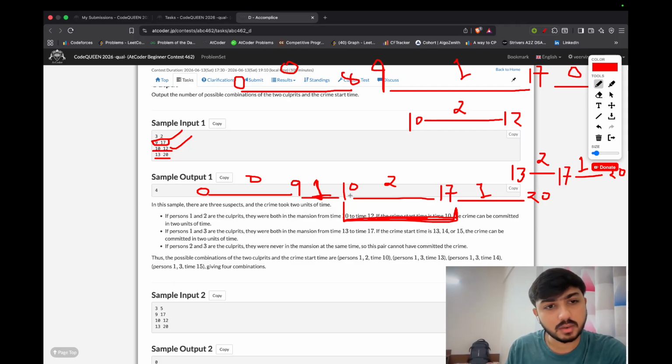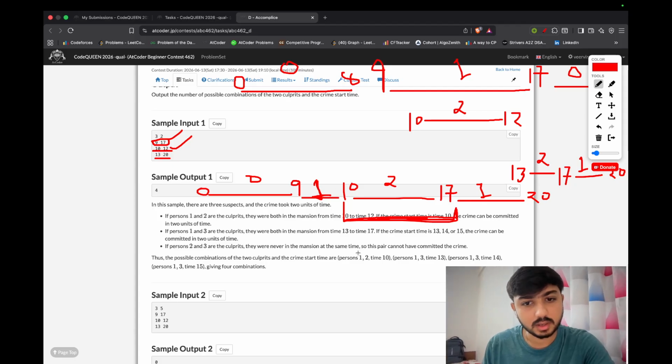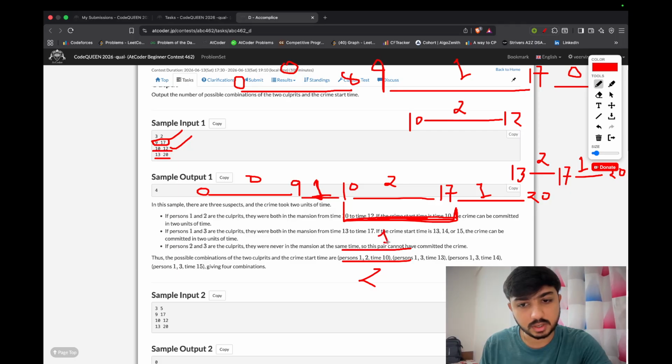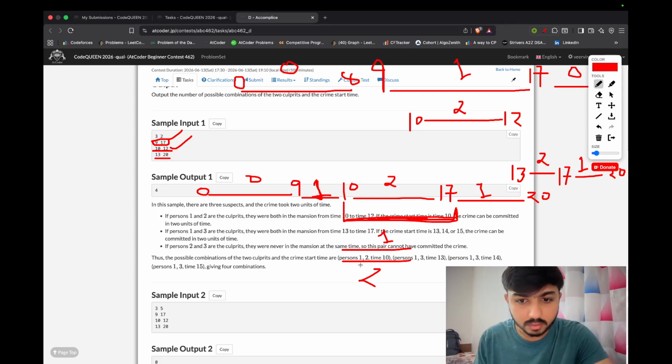From 10 to 12 there is a second interval, and from 10 to 12 there is a first interval. How come 2 and 3 are combining?